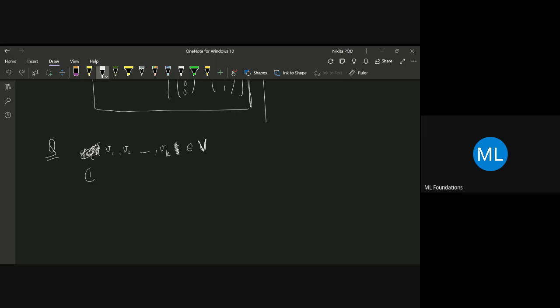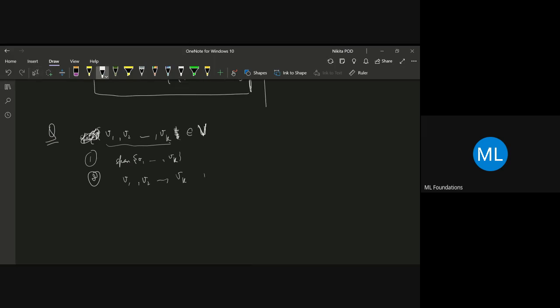The first is that the span of v1, v2 up to vk should be the whole V. They should span the whole space, and additionally they should also be independent.